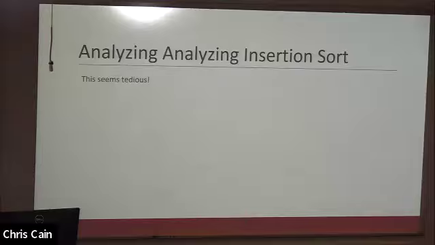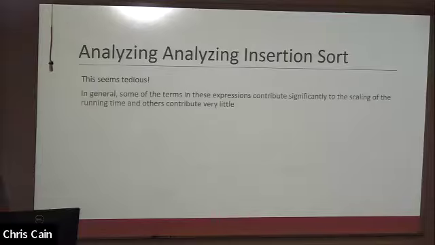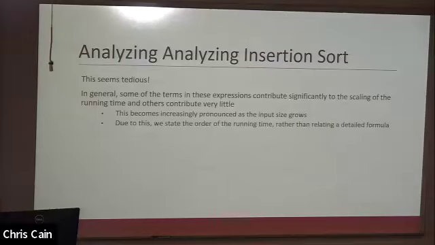It's something that you should do in the worst case when you need to. But we can see that the expressions contribute differently to the scaling of the running time. And this is why we take the order of the running time rather than relating quite as detailed a formula for exactly how something like this runs. So unless you are responsible for an entire system like this, analyze it from its asymptotic runtime.